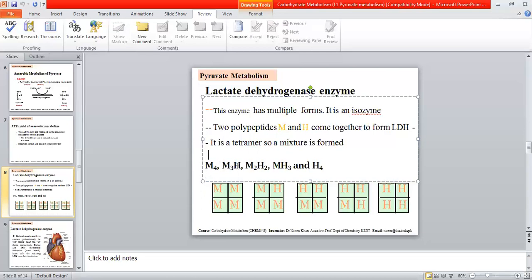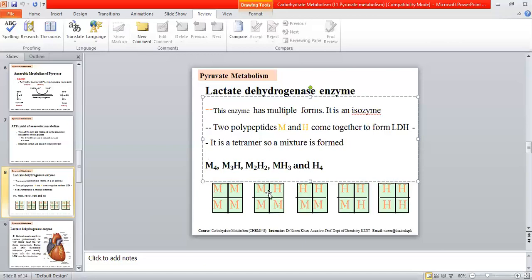M3H is also a type of enzyme present in the skeletal muscle. Similarly, H4 and MH3 are those forms of the enzyme which are predominantly present in the heart muscle. Remember, M and H polypeptide chains are different from one another on the basis of amino acid sequence. So they have 5 possible different forms, and these can be designated as such.